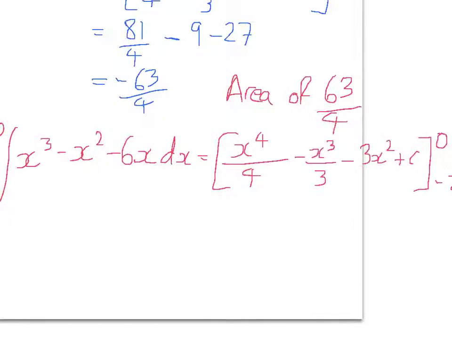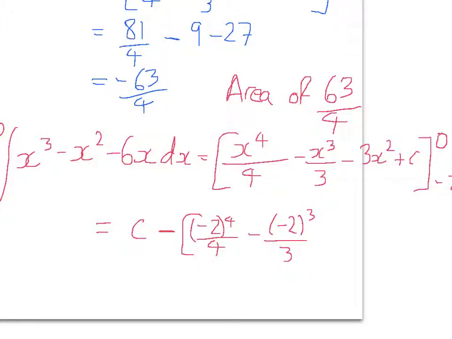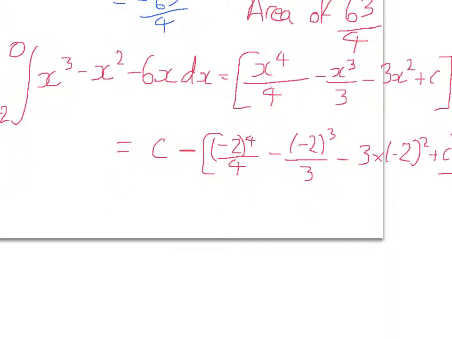So if we substitute 0 in, everything apart from the c will become 0 because we're multiplying by 0 again. So the second part is going to be minus, so it's minus 2 to the power 4 over 4 minus 2 cubed over 3 and minus 3 times minus 2 squared plus c.